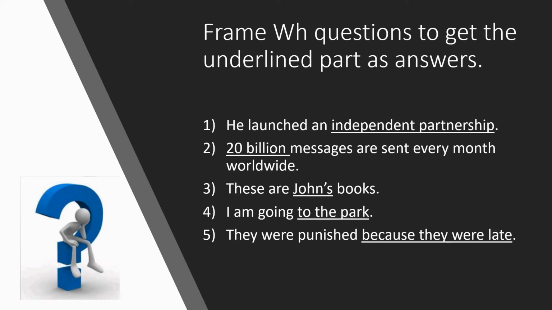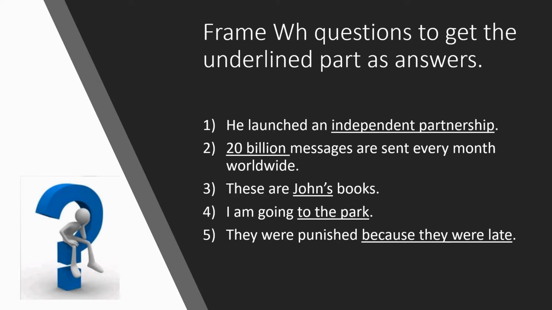Third, these are John's books. Yes, the question is, whose books are these? These are John's books. Fourth, I am going to the park. Correct. The question is, where am I going?